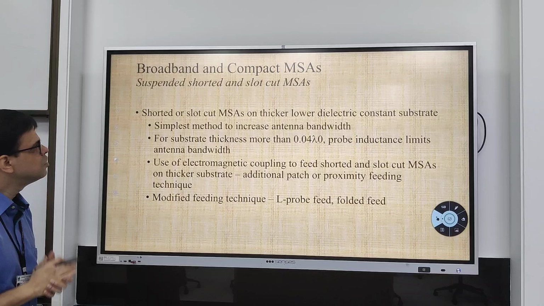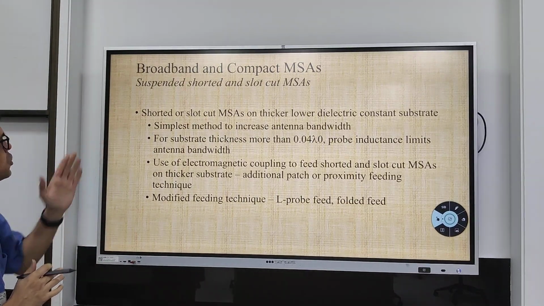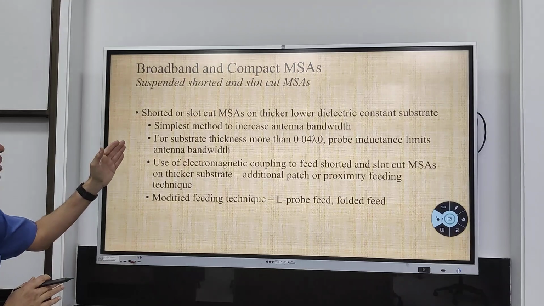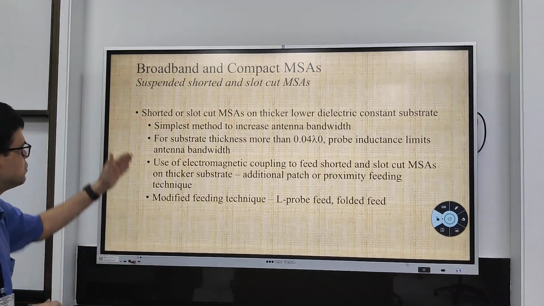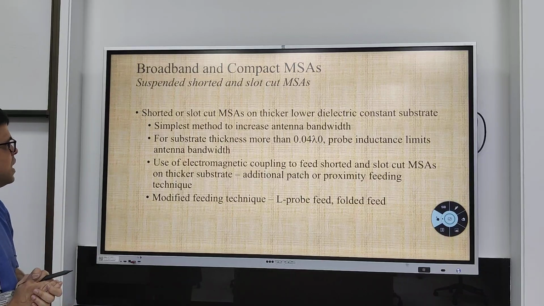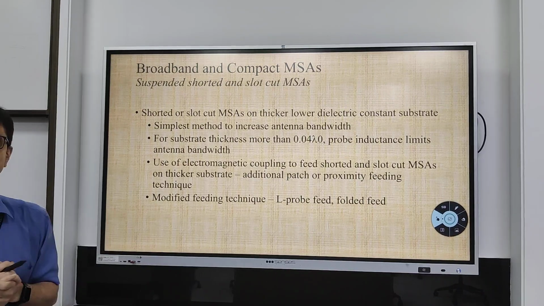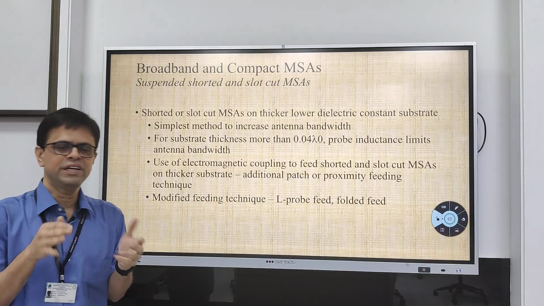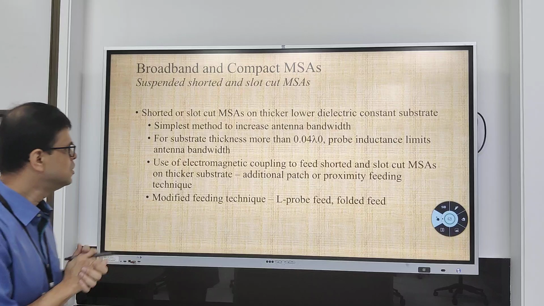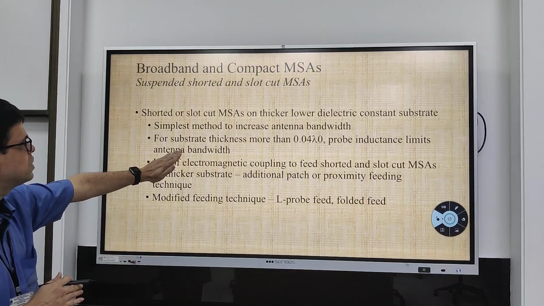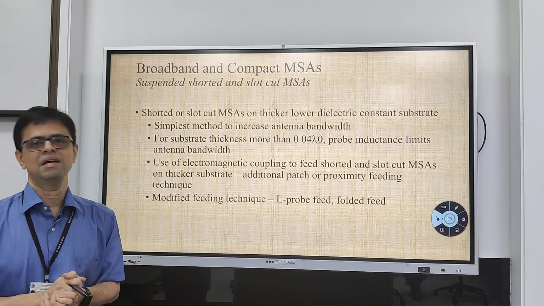Okay, so now the first technique of the compact design is the suspended, shorted and slot cut MSA. A shorted or slot cut MSA on a thicker, lower dielectric constant substrate is used. As we know, it is the simplest method to increase the antenna bandwidth, and generally for a substrate thickness more than 0.04 lambda naught, and lambda naught can be lambda g if you are using a suspended dielectric substrate, the probe inductance limits the antenna bandwidth.